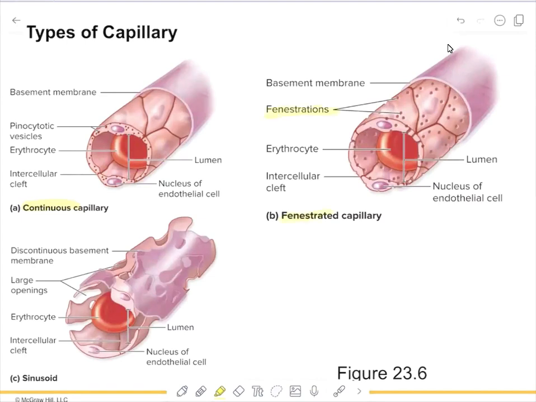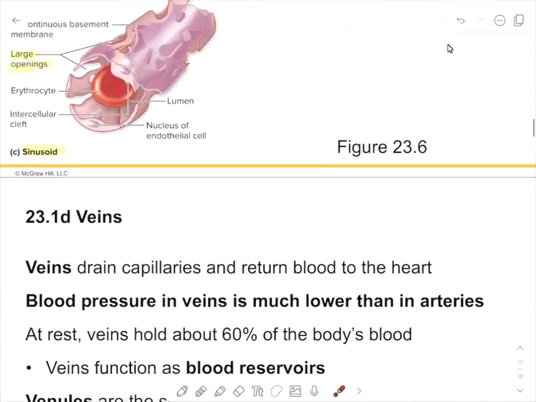So you can just remember them as pores. So some small openings that would be present here. And then finally, the largest openings would be in sinusoids, which you can see here. So these would be the ones that you would find in the bone marrow and the liver. And then the fenestrated would be in the intestines as well as the kidney.